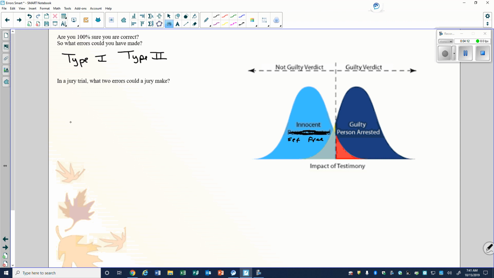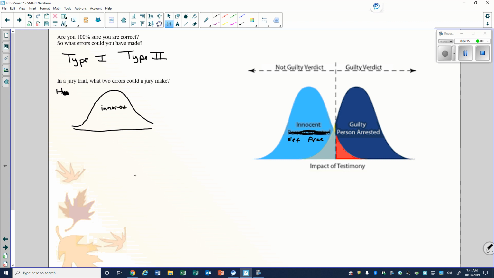In a jury trial, let's say that I am looking at a null hypothesis, and when we're talking about a jury trial, we always assume innocence. So my null hypothesis is supposed to be that this person is innocent. I'm going to assume that right out the gate.